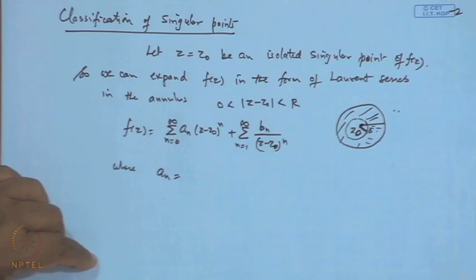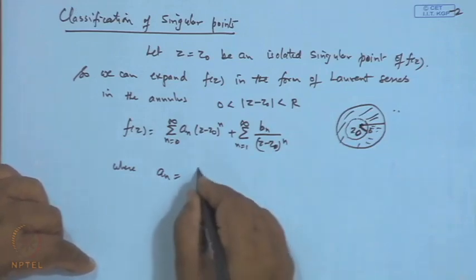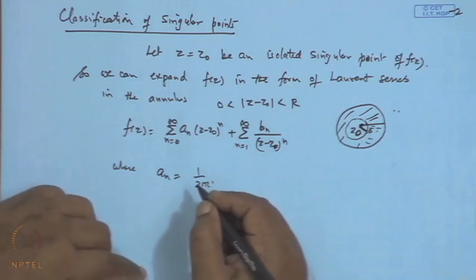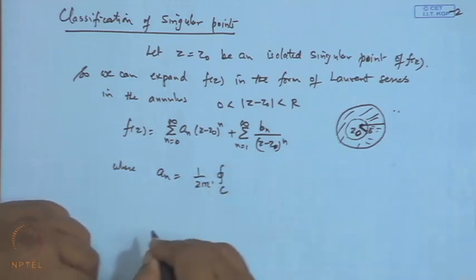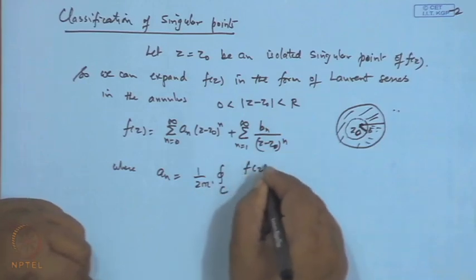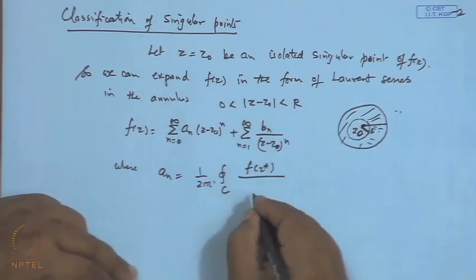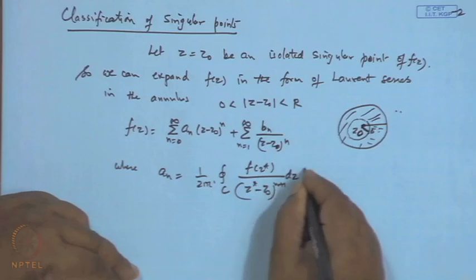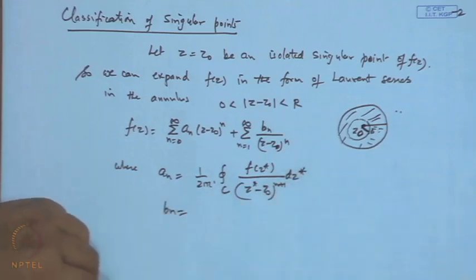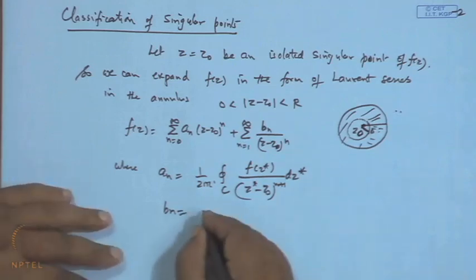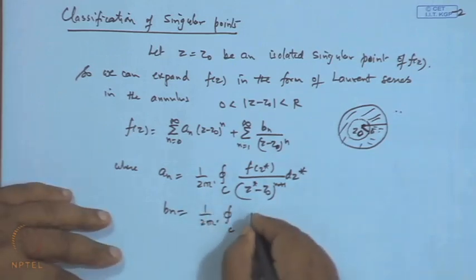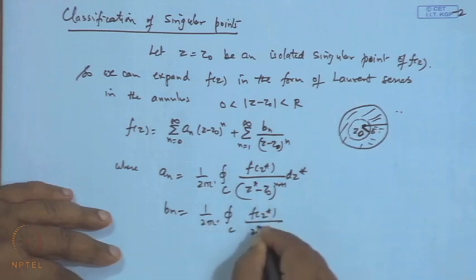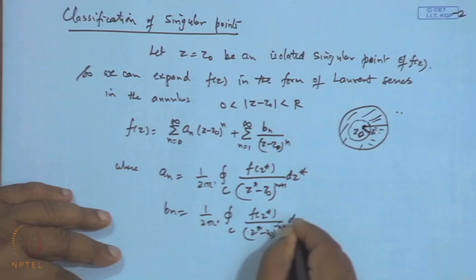The a n's are 1 upon 2 pi i integral over C of f(z star) over (z star minus z naught) to the power n plus 1 dz star, and the b n's are defined as 1 upon 2 pi i integral over C of f(z star) over (z star minus z naught) to the power minus n plus 1 dz star.